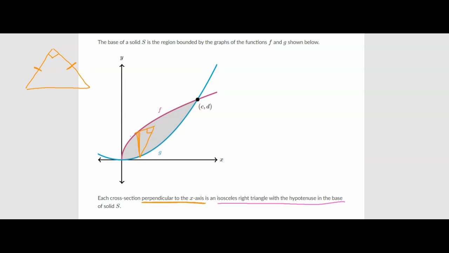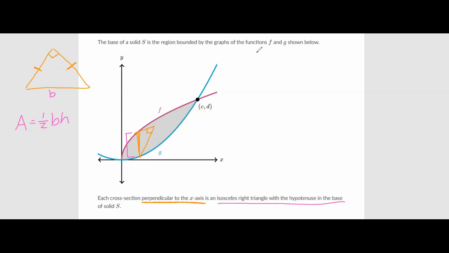So we know what the width is going to be, or the distance between the bases. That's going to be our dx. So we just need to focus on the area of this triangle. Well, the area for a triangle, that formula doesn't change, right? We have area equals 1/2 base times height. And for this orange triangle, the base is actually a pretty easy dimension to figure out.